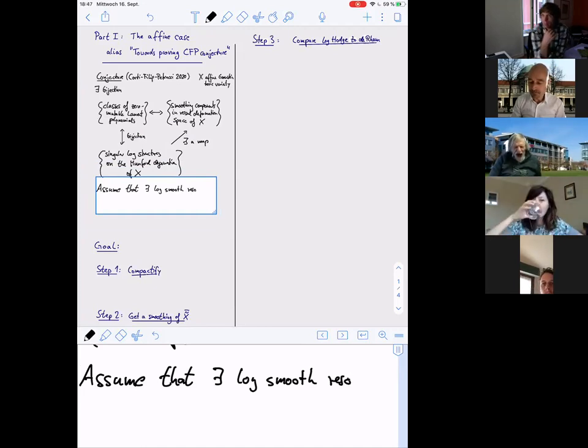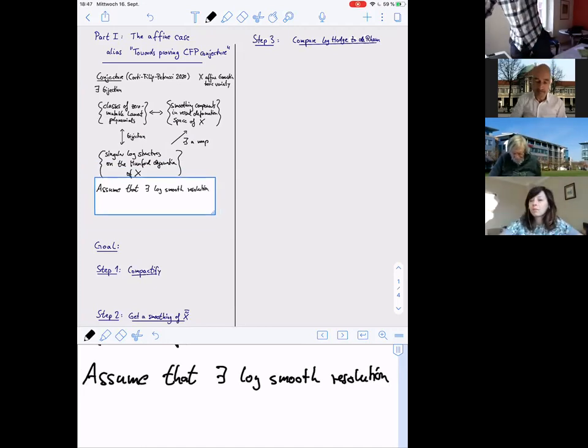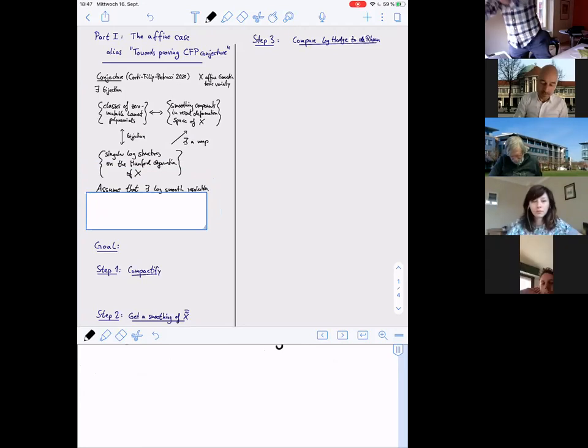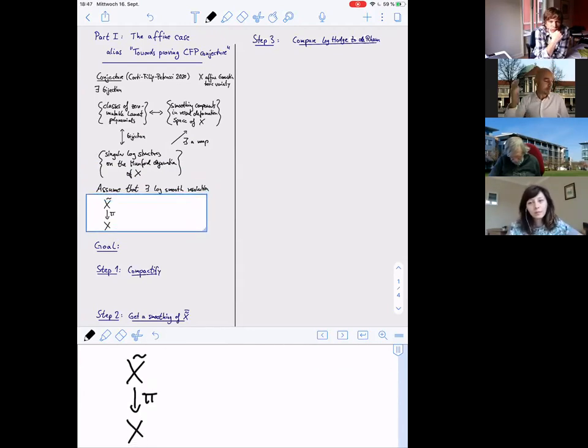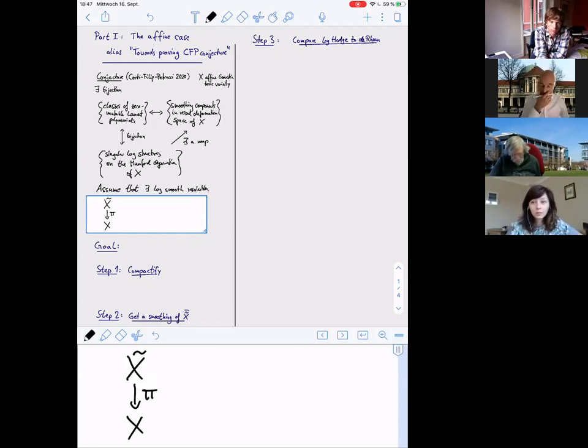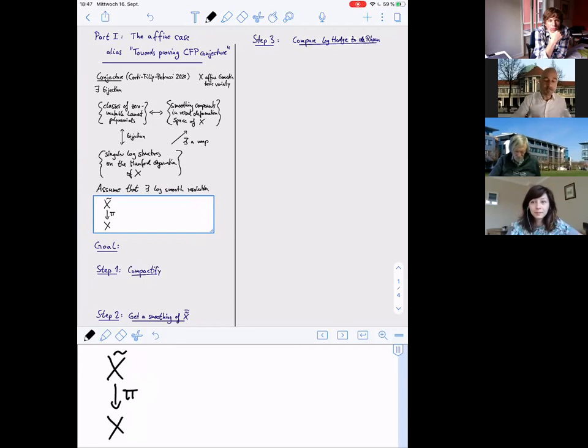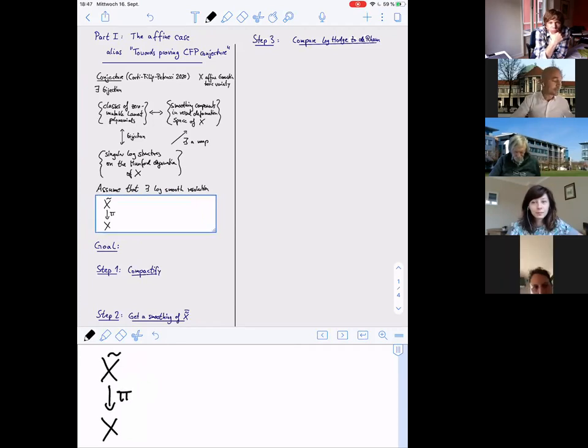We call that X tilde, and we map down by pi. I gave you this baby example in the morning where you could see what such a log smooth resolution might look like. The example I gave is actually a generic situation; it always happens in codimension 1 loci, and looks like that. So once again, X now, the bottom thing here, is affine.